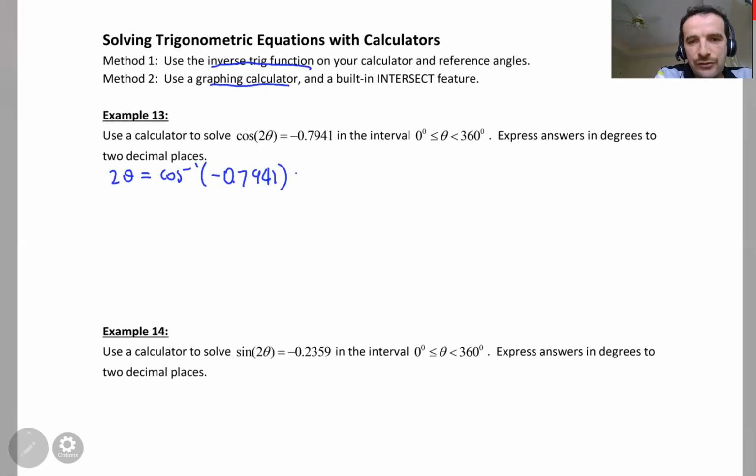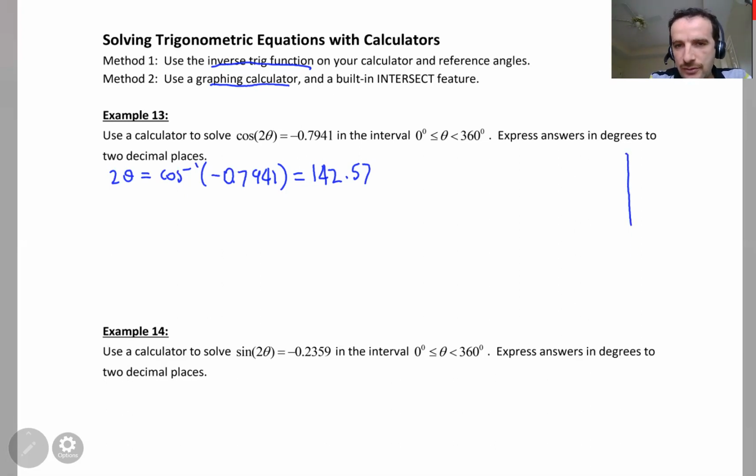If you use our calculator, I have a calculator open here, we get 2 theta is equal to 142.57. This is 2 theta. So 2 theta is in the second quadrant, as expected because the cosine is negative.